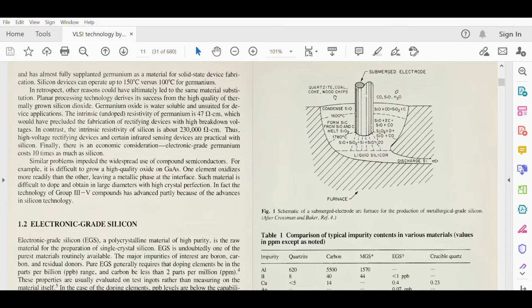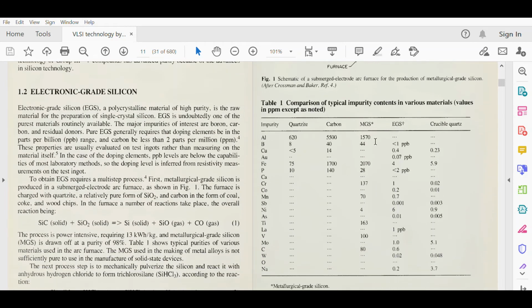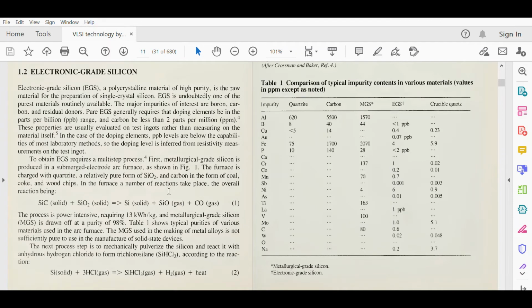You will only remember the theory we are studying behind this journey of electronic grade silicon generation. Okay, so first, metallurgical grade silicon is produced in a submerged electrode arc furnace as shown in figure 1.